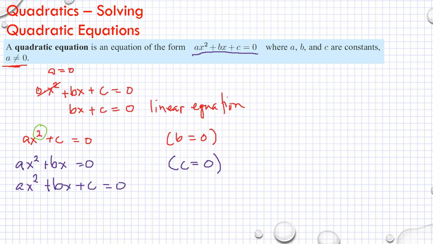When we're solving a quadratic equation in different forms, for example the first one, ax squared plus c is equal to 0, then the only thing that we can do here is finding the squares.